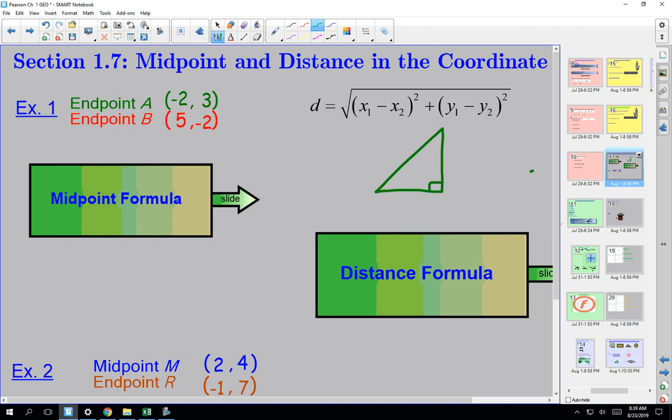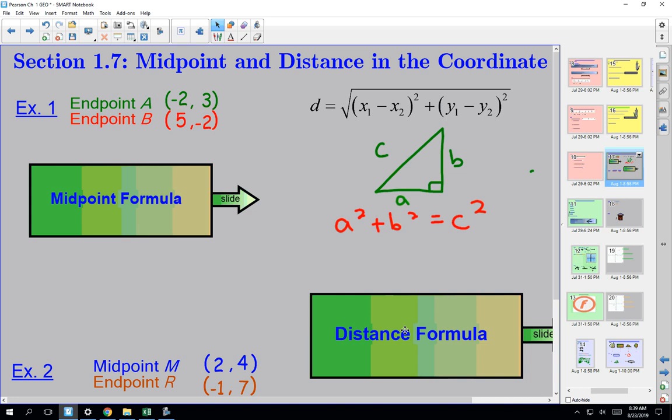So suppose I have a right triangle. In a right triangle, we know that if we call this leg A, this leg B, and this leg C, that A squared plus B squared equals C squared, right? We know that, hopefully.